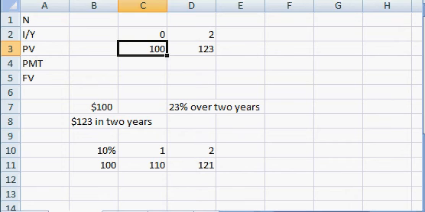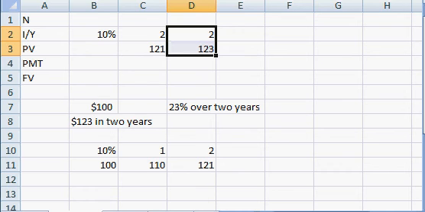So we need to convert 100 to 2-year money, using the present interest rate of 10%. That 100 is going to change to 110 and then 121. Now we're comparing apples to apples. I could get $121 in 2 years if I were to buy a 2-year savings bond, or I could get $123 in 2 years from this opportunity. So clearly this one is in my best interest. That would be a good choice.